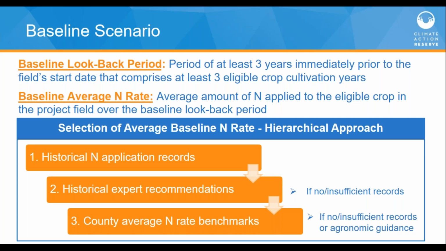And if those are unavailable or aren't done, then projects are allowed to use the county average N rate benchmarks that are retrievable from the eligibility lookup tool, as we showed you shortly before. And so you would use that county average N rate as the baseline average N rate from which your project would need to reduce its synthetic N rate.